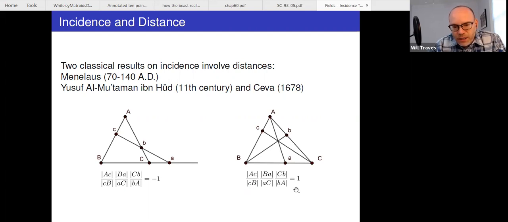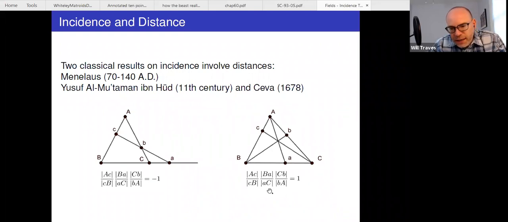A kind of similar distance result is called Ceva's theorem, and in some sense it's analogous to Menelaus's theorem in the sense of its history. In fact, Ceva's theorem was discovered in the 11th century by a king of Saragossa, which is in present-day Spain, and then it was rediscovered and popularized by Ceva in the 17th century, and today it bears his name.